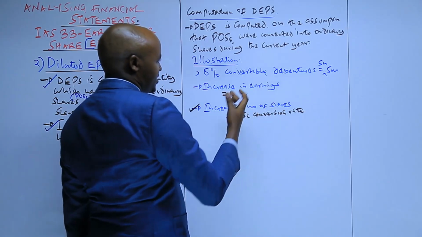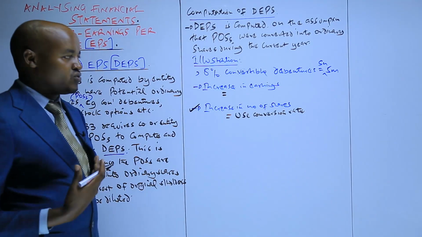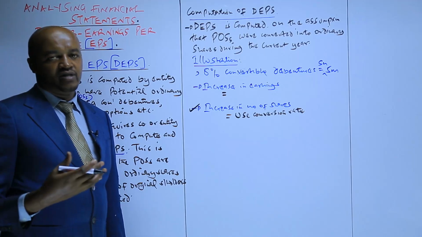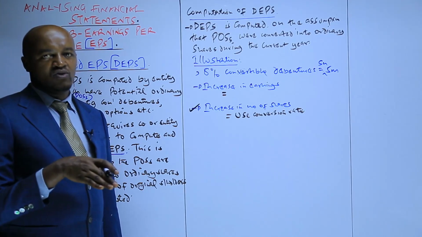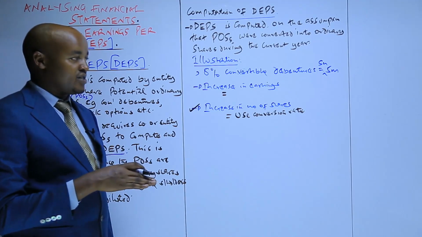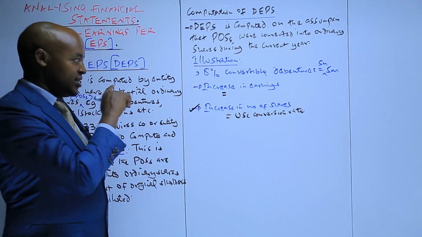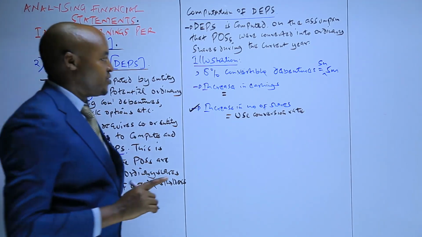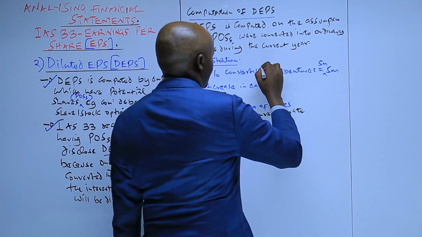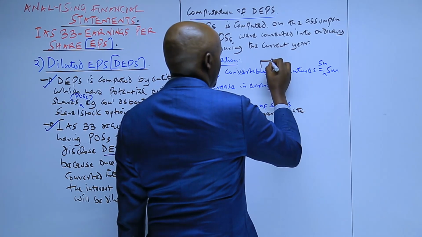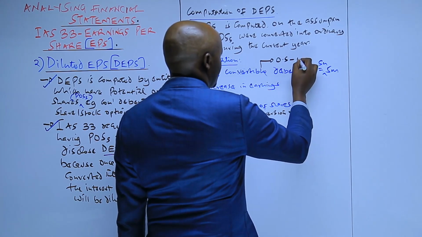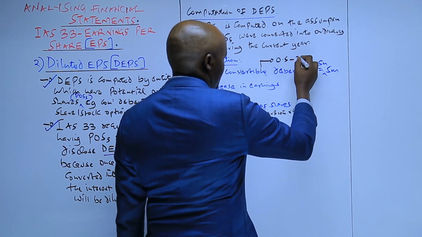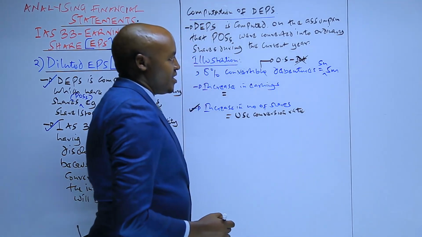What is increase in earnings? This refers to the amount by which the profit attributable to ordinary shareholders would have increased on the assumption that these particular debentures were converted into ordinary shares. If these debentures were converted, it means the interest payable on them would not have been paid.